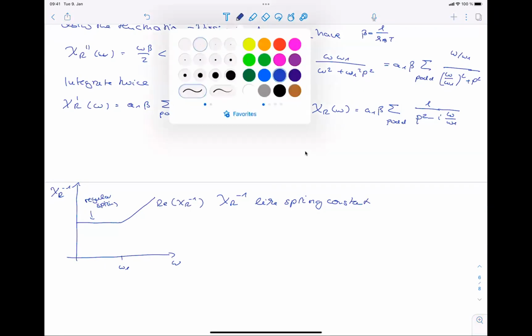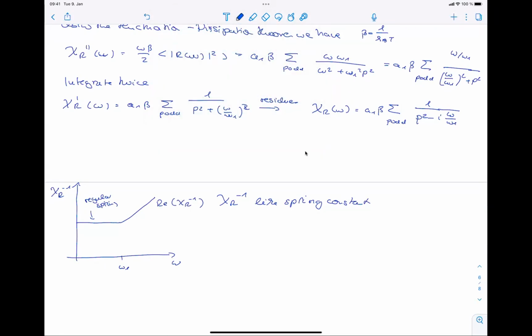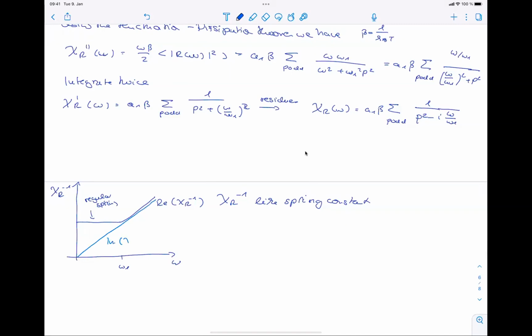And the imaginary part, sorry, it's meant to be a straight line. I'll try again. Here we go. The viscous dissipation is proportional to omega.